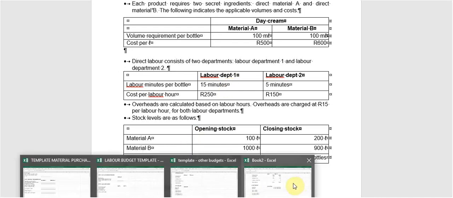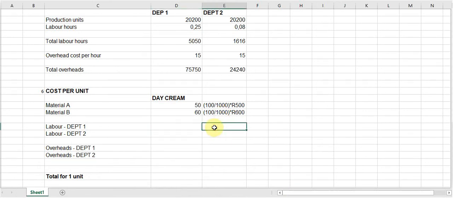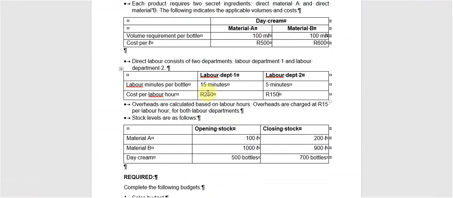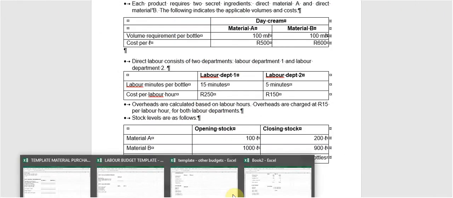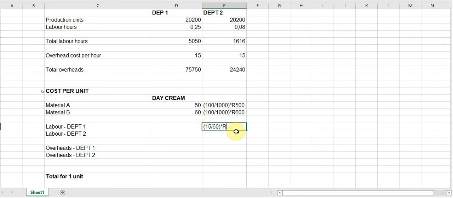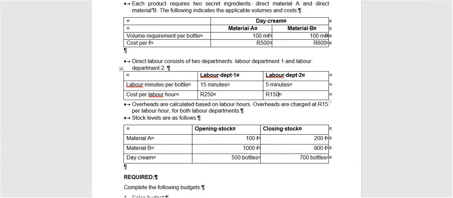In order to get the 15 minutes to be hours, we're going to say it is 15 divided by 60, and we're going to times that by the rate, and it seems to me like it was 250 Rand. So we're going to times it by 250. For department 2, it was 5 divided by 60 times the rate, 150 Rand.